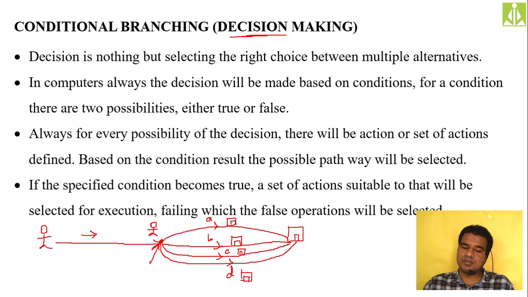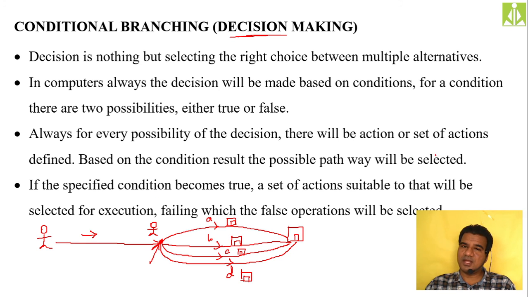At this point you select path B because you want to purchase a textbook. At this point you select path D because you want to buy some vegetables. Hopefully you understood why conditional branching and decision making are important in our day-to-day life, as well as in programming.